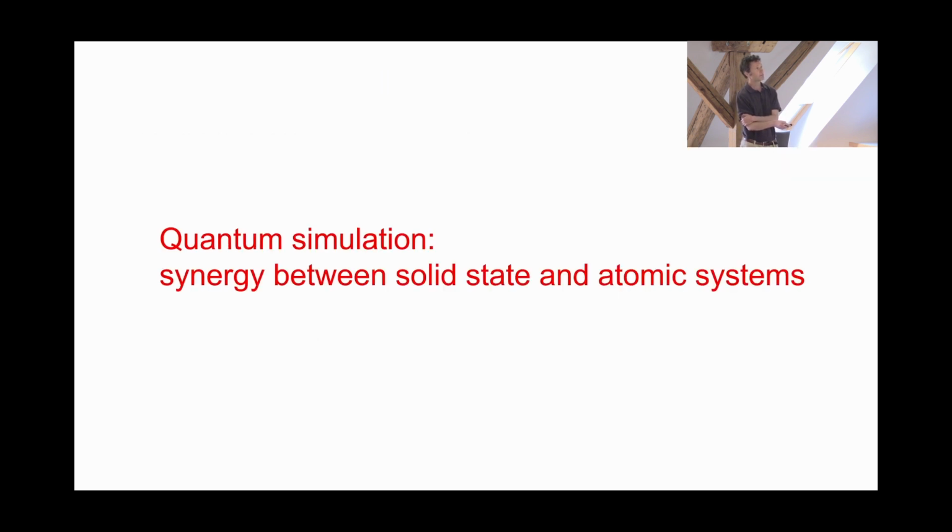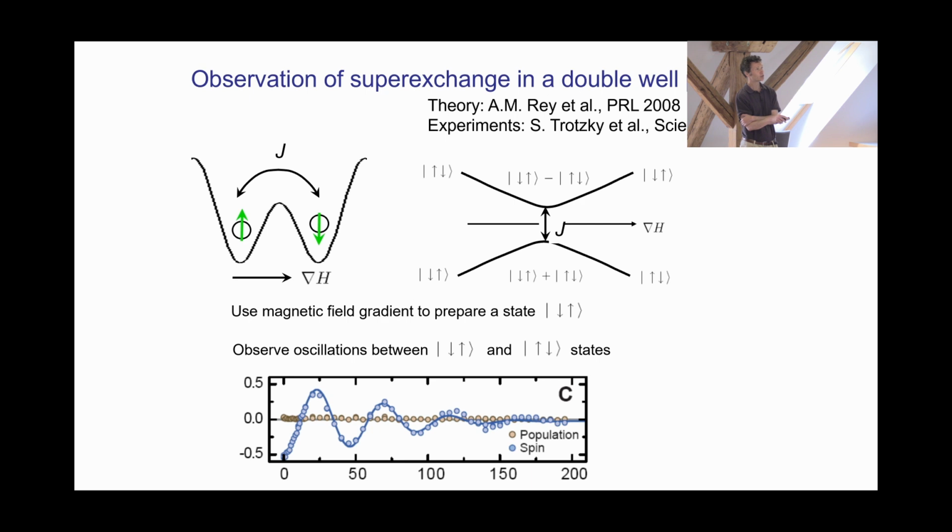Actually, I couldn't resist starting by reminding you of this fairly old experiment by now, which was the first demonstration of exchange interaction in cold atoms, in the group of Emanuel Bloch when he was still in Mainz.